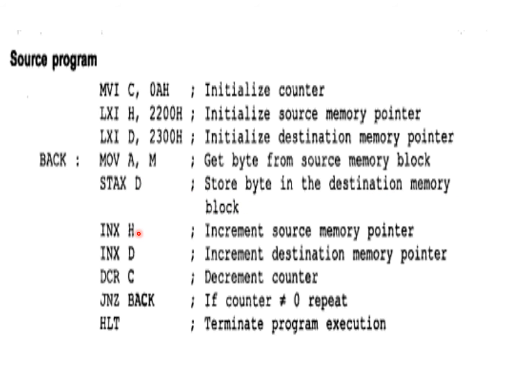INX H increments the source, INX D increments the destination, then decrement the counter, and repeat this task until the complete data transfer occurs, and stop here. We will execute this on Jubin, and you will see how I executed it. After this we will perform experiment number 9.